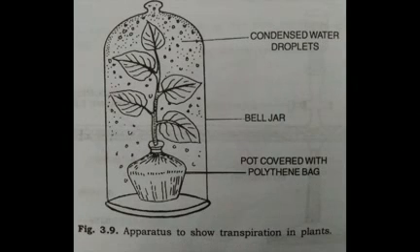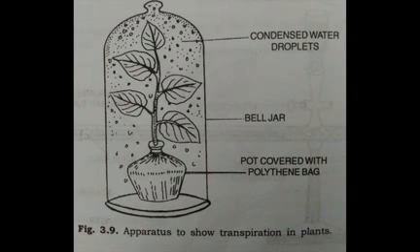Cuticular transpiration, that is loss of water through the cuticle which lies outside the epidermal layers of leaves, stem and flowers, etc. Stomatal transpiration, it is the most important type of transpiration, in which loss of water is through stomata.